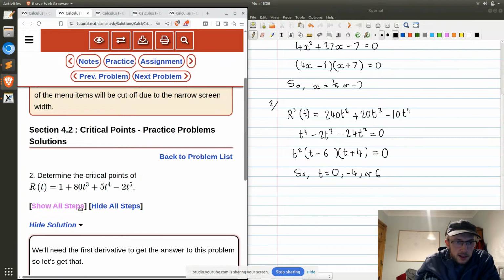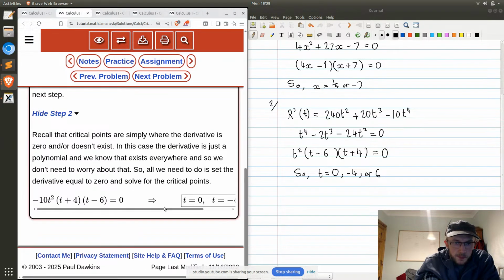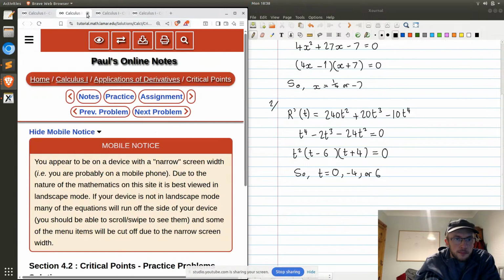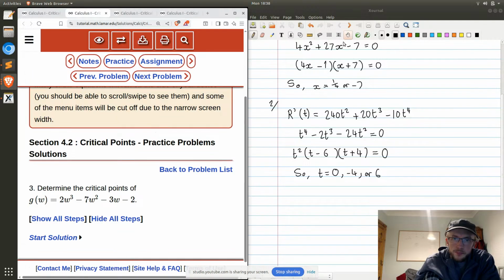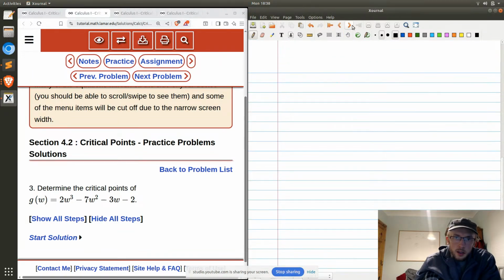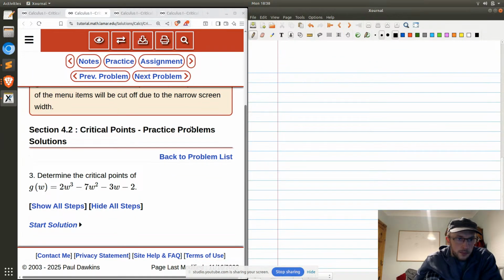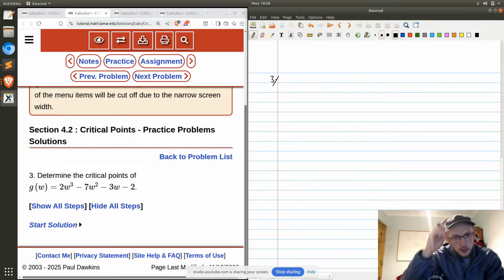So I think that's the answer. And that's correct. That's great. Next up, determine the critical points of g of w, where g of w equals 2w cubed, take 7w squared, take 3w, take 2.